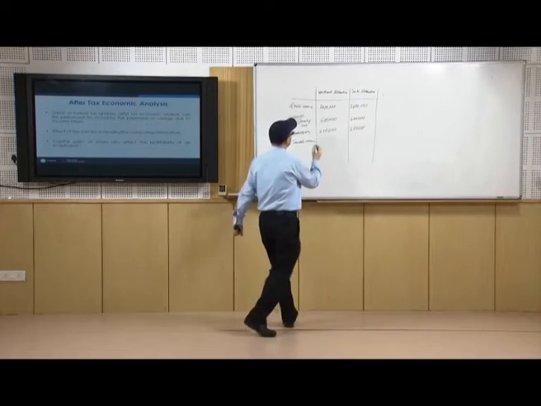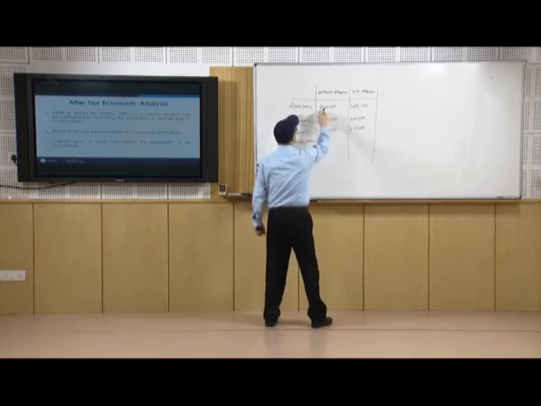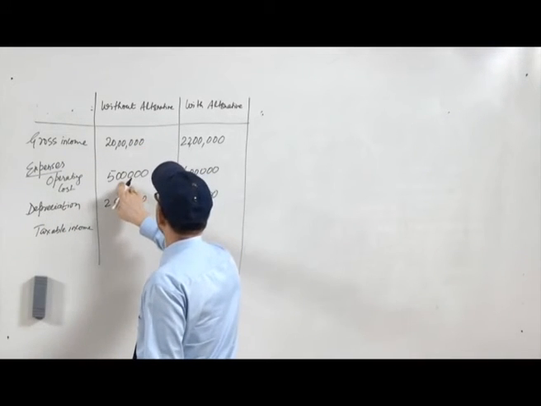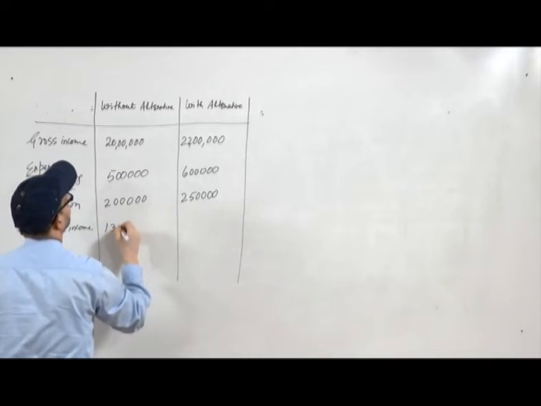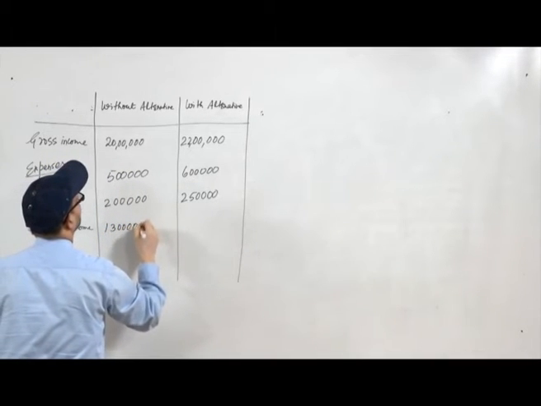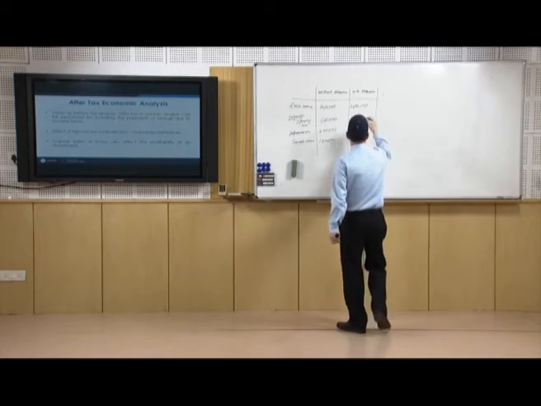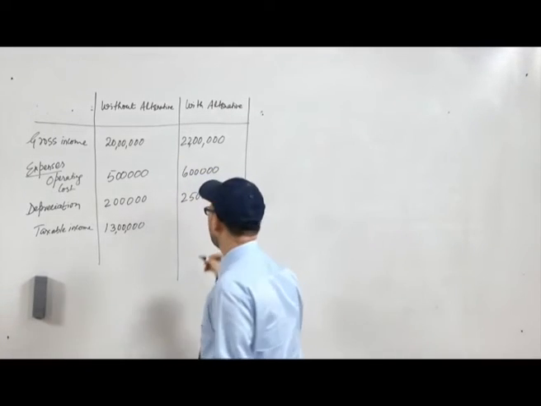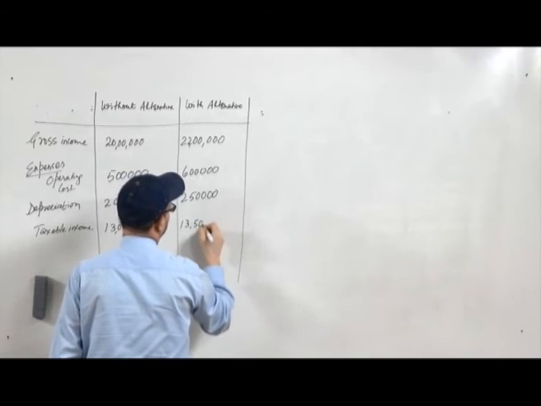Taxable income will be 20 lakhs minus 5 lakhs, 15 lakhs, minus 2 lakhs, so it is 13 lakhs. And here it is 22 minus 6 lakh minus 2 lakh 50,000, so it will be 13 lakh 50,000.